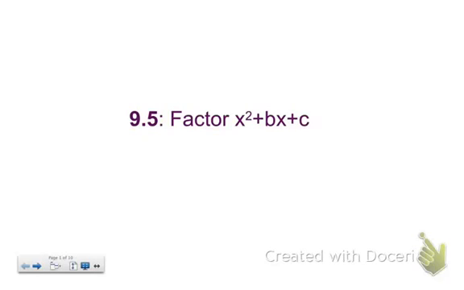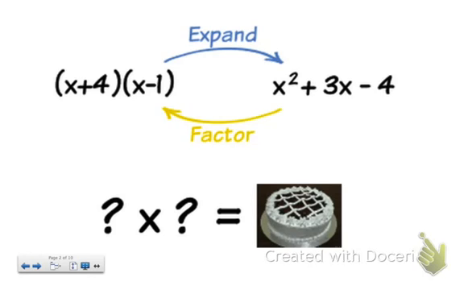This is section 9.5, factor x squared plus bx plus c. So we're going to factor polynomials that are only of the form x squared plus bx plus c. One way to think about it is that we are undoing our multiplication, or reversing it.